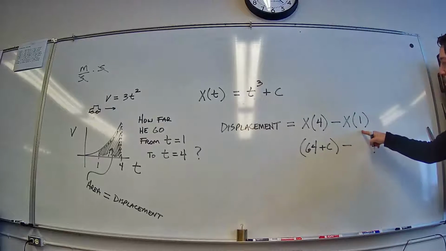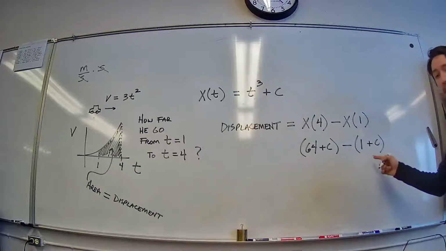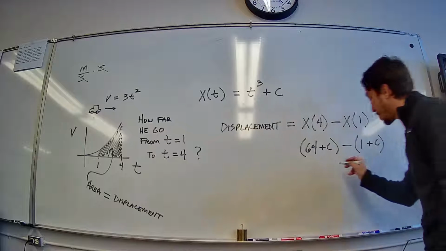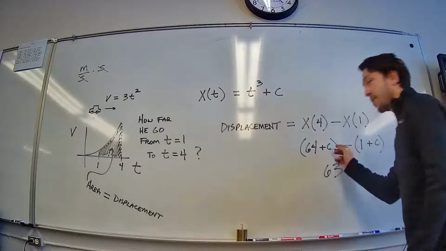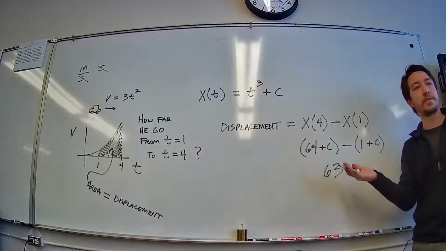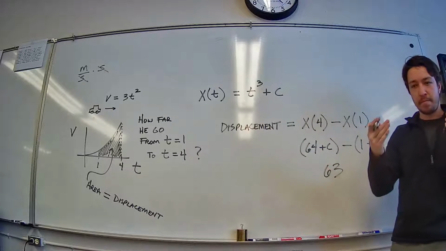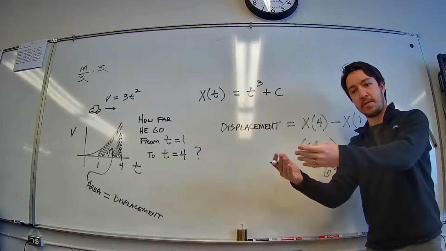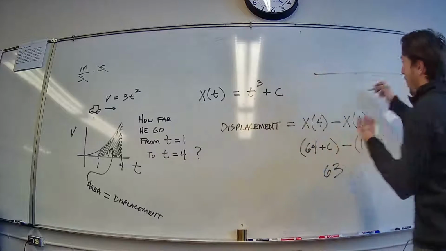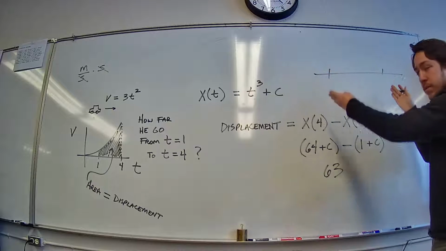And then our position at time 1 would be 1 plus that same constant. Now here's a big idea. What happens to the c? It cancels. What that tells you is it doesn't matter what that c was. It doesn't affect the answer. If I just want to know how far did he travel, does it matter if he started at position 1,000 or position 1,000,000? Where he starts on a number line doesn't matter. In either case, he's going to travel 63 meters.